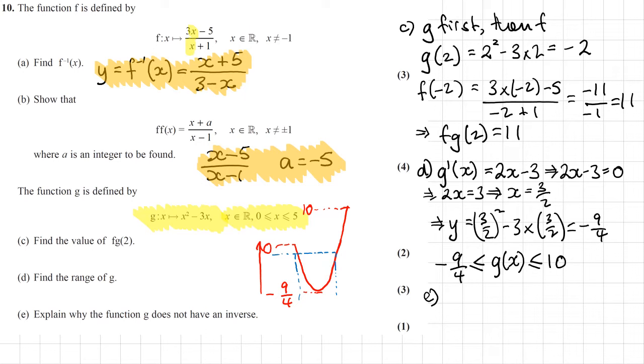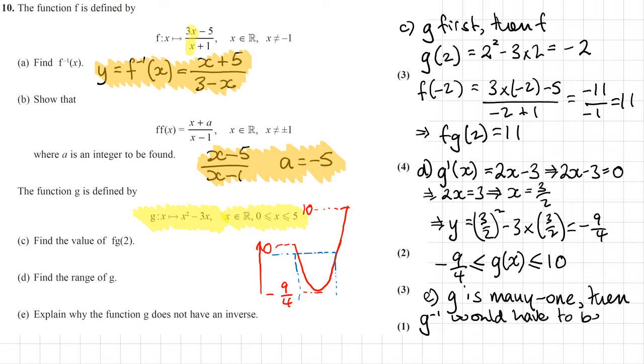So g is many to 1. If it had an inverse, then the inverse would have to be 1 to many, because everything gets flipped around, which is not a function.